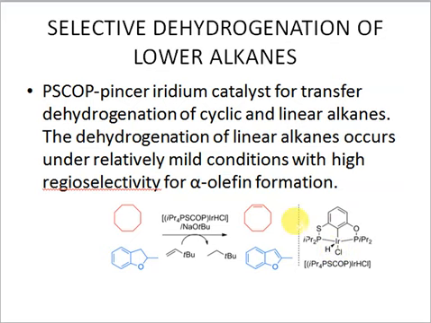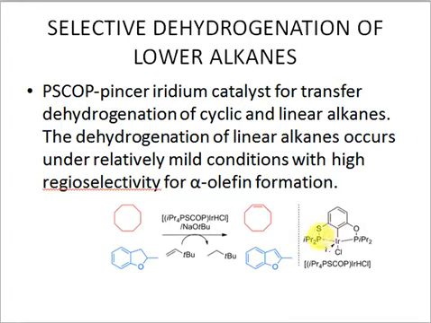So what is meant by PSCOP? If you check this out, P and S mean phosphorus and sulfur, then we have the central carbon, then O, and then P. These are the heteroatoms which are connected to this iridium, right? That's why this catalyst is called the PSCOP iridium catalyst.